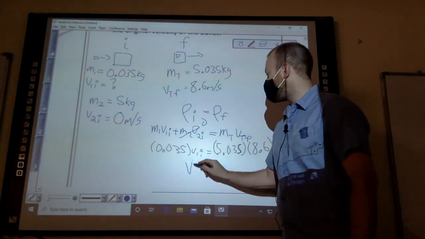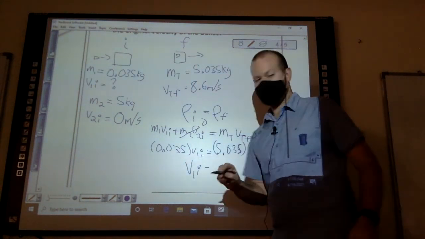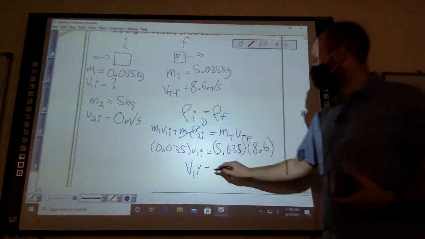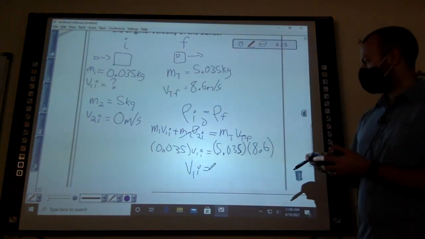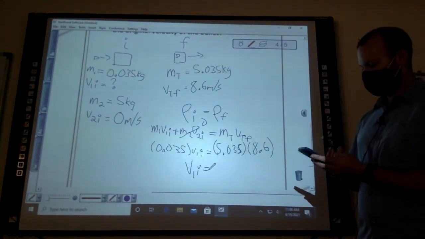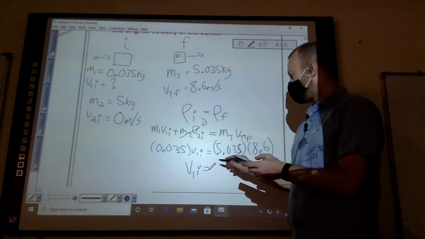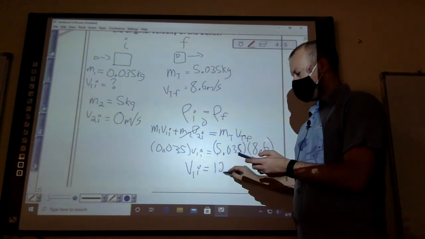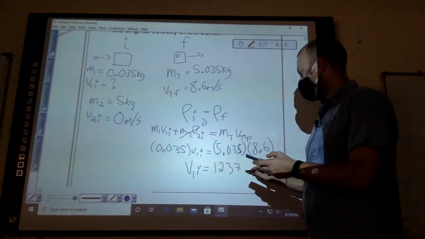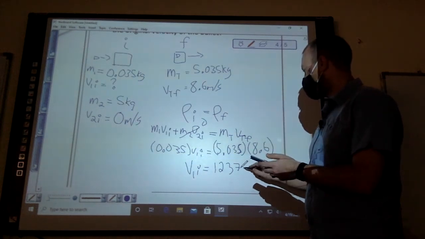Solve for V1i. What do we get? 5.035 times 8.6 divided by 0.035. 1,237 point something.